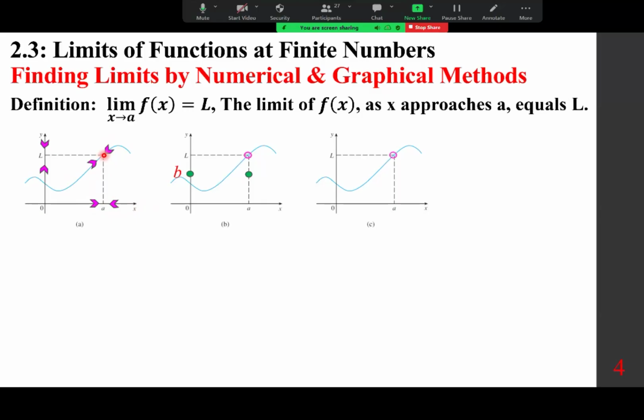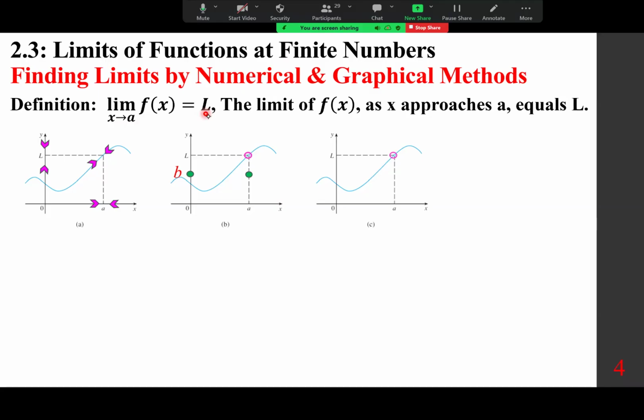And we are approaching this point on the graph which has the y coordinate L from the bottom and the top. If you look at all these three cases, approaching a from the left and right, they in all cases end up having this point as the limit, the y coordinate of this point. So in all of them, the limit of f of x as x approaches a is the same thing, L.